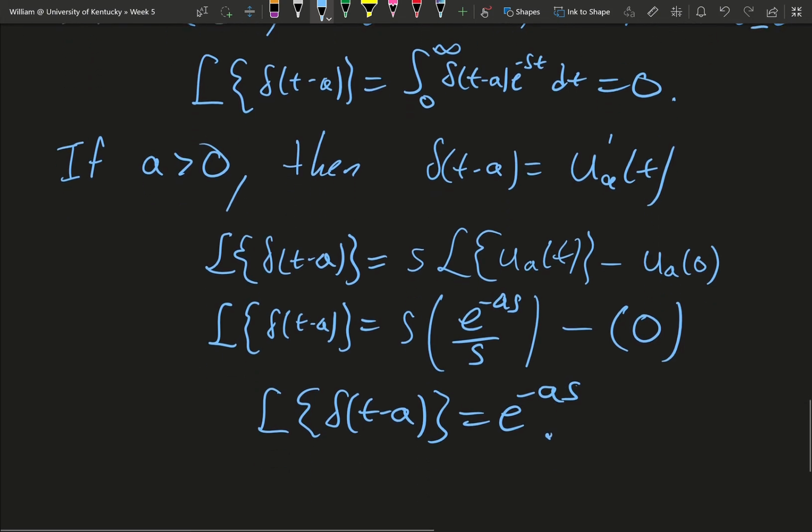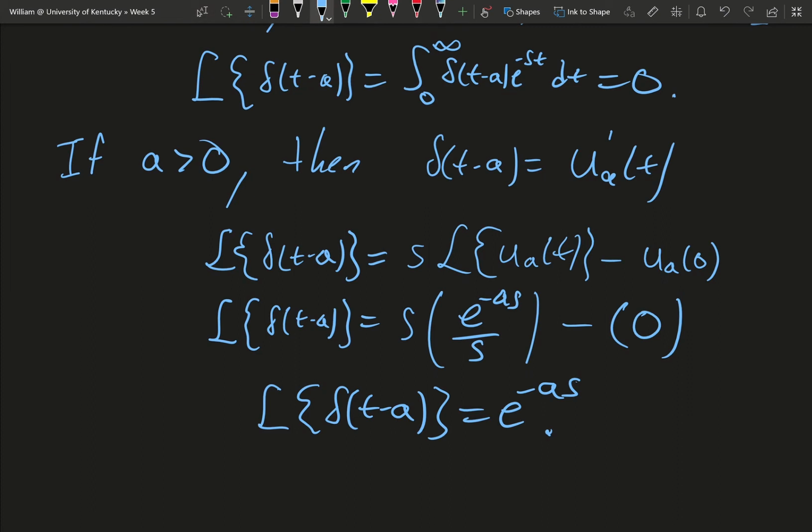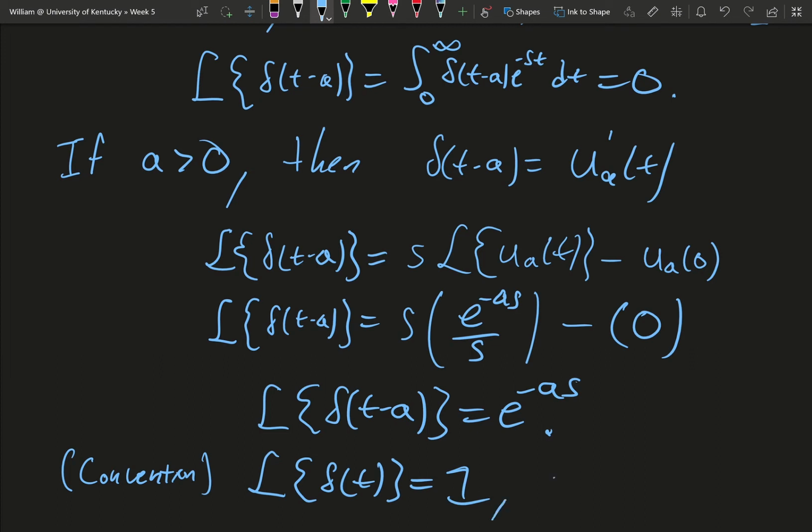Okay, so I hemmed and hawed over whether or not to make this strictly greater than 0. The question is what happens at exactly a equals 0. By convention, this is equal to 1, which, note, is the same thing as e to the negative 0 times s.